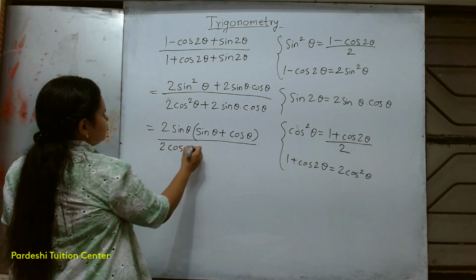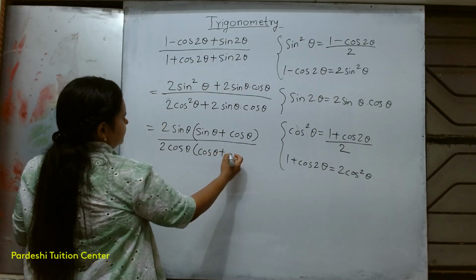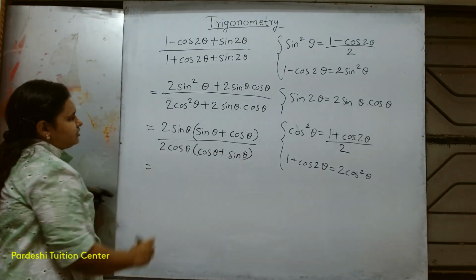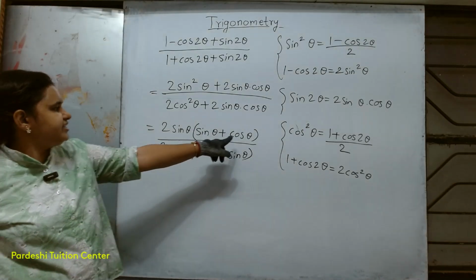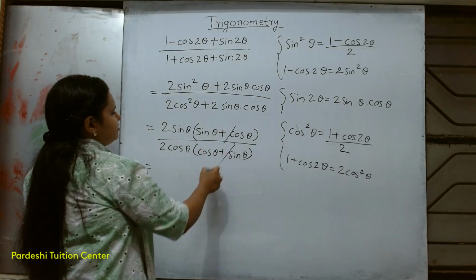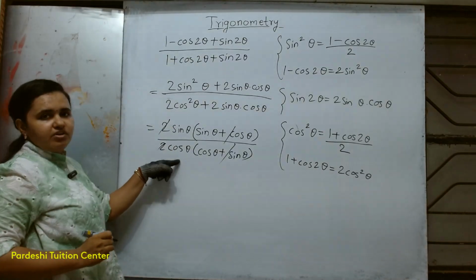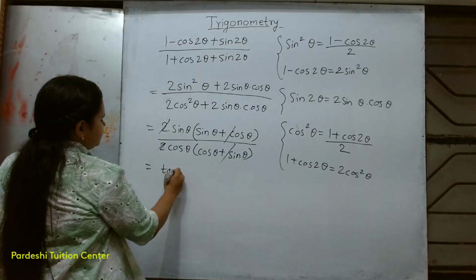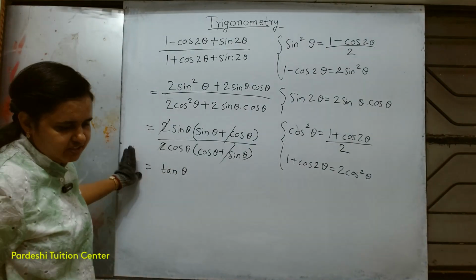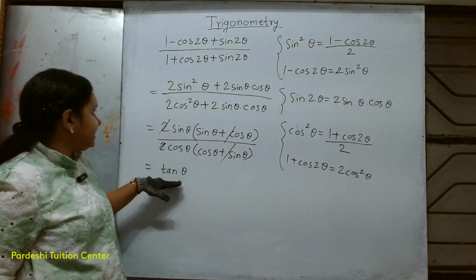So it will be 2 cos theta, in bracket cos theta plus sin theta. So sin theta plus cos theta upon sin theta plus cos theta will get cancelled and 2 will also get cancelled. What is remaining? Sin theta upon cos theta. So it equals tan theta, as sin theta upon cos theta is tan theta. So the option is the first one, tan theta.